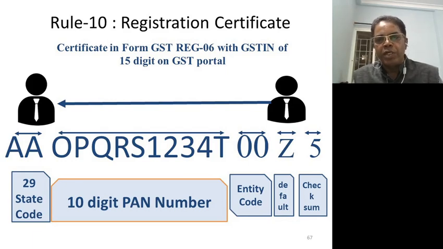Karnataka is 29; there are 28 codes. Then the 10 digit PAN number. Then the entity code, which is very important: which entity, the name of the organization. Then Z by default. Then 5 is the checksum.